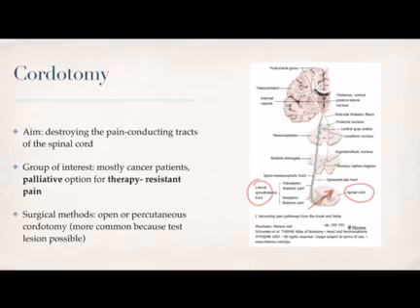And as we know, nerve pathways cross to the opposite side at this point, and so the pain relief occurs on the contralateral side of the body, and the pain relief will last for about a year. The good thing is it works for about 90% of patients treated with this technique.